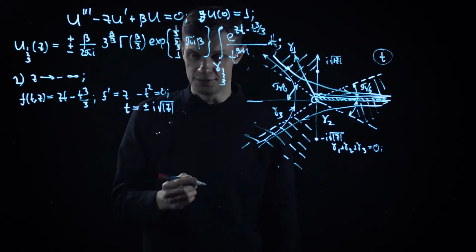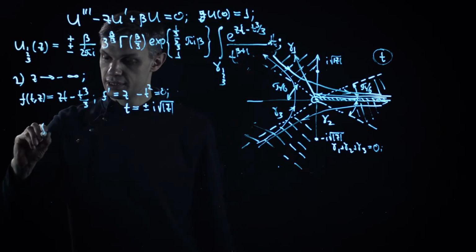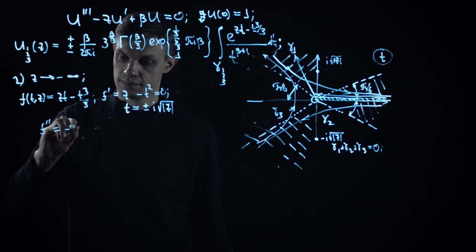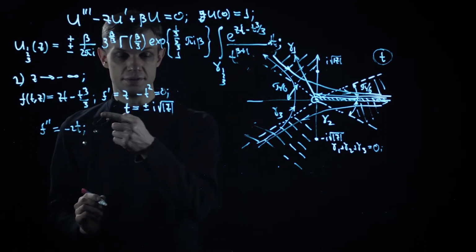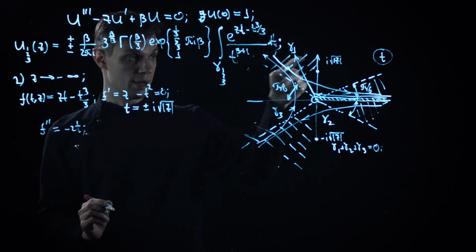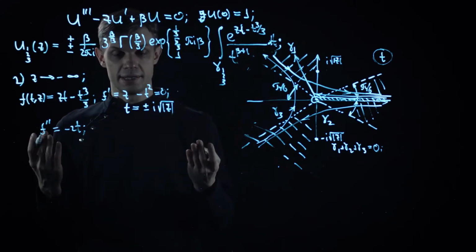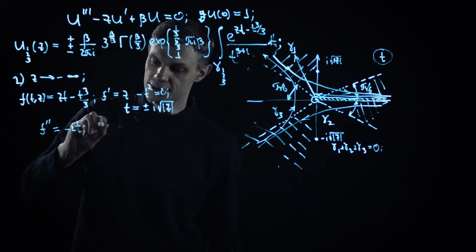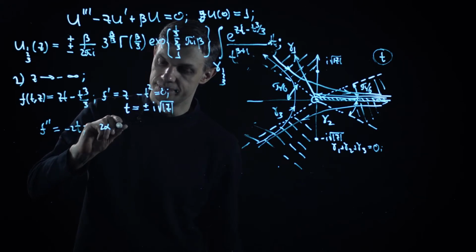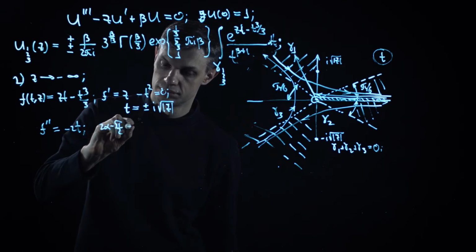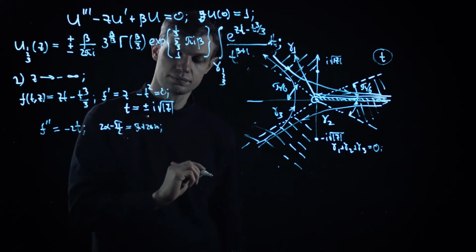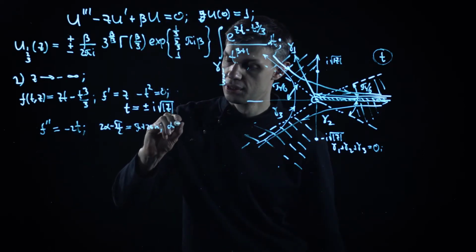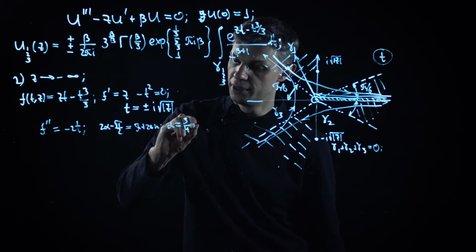Let's figure out the steepest descent directions. They're slightly modified. So the argument of the second derivative at the upper point is minus pi by 2. So the steepest descent direction equation is as follows. And here we have 3/4 of pi.